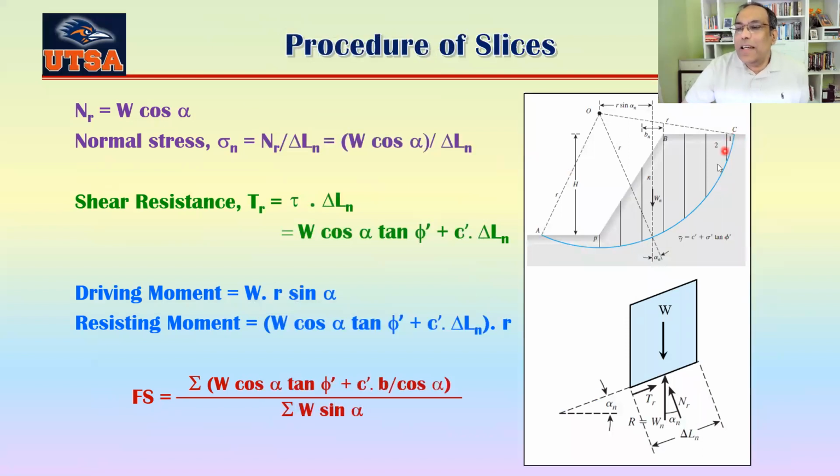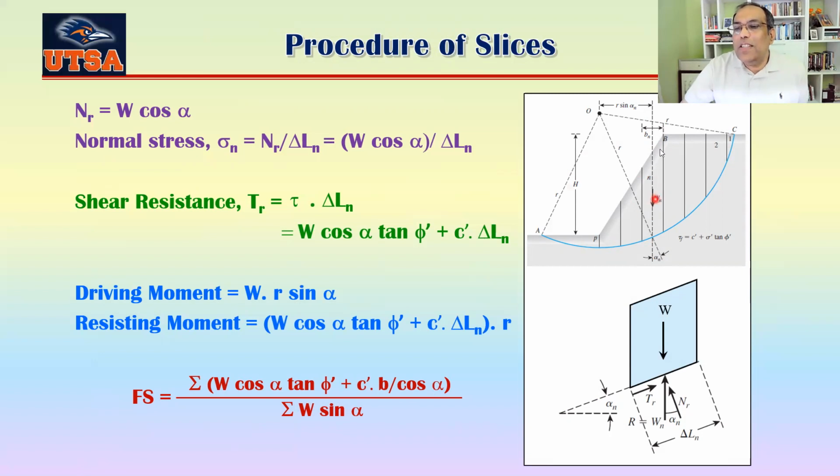So here you can see this is your assumed slip surface, okay? We already did that one when we were talking about a single free body diagram. Now we don't have a single free body diagram. Now we have several slices here, okay? You can see this is one of those slices. So you know the weight of this one here.